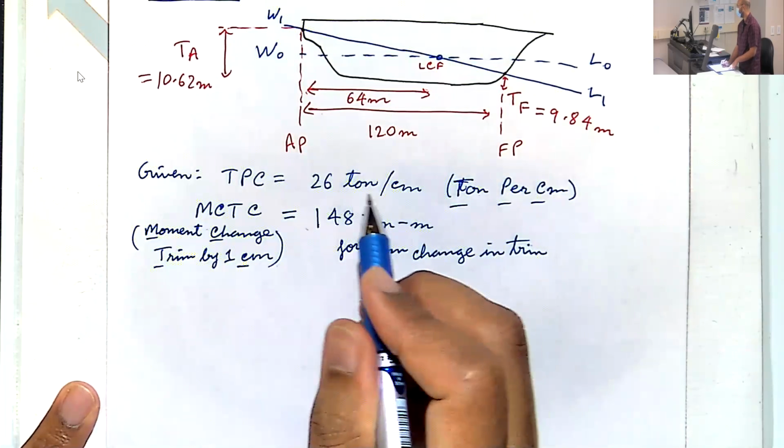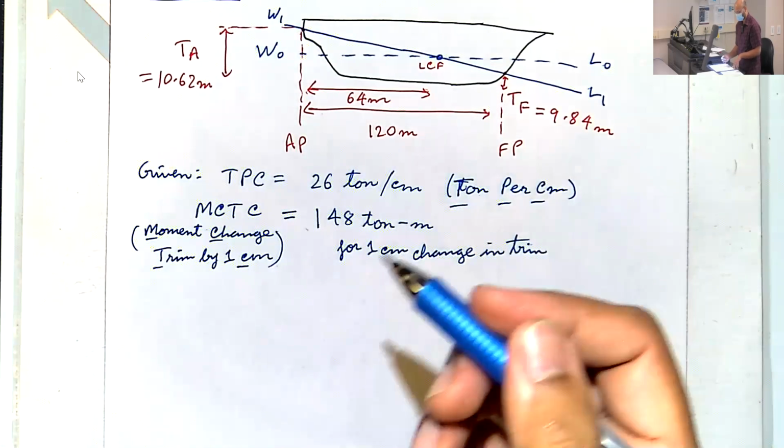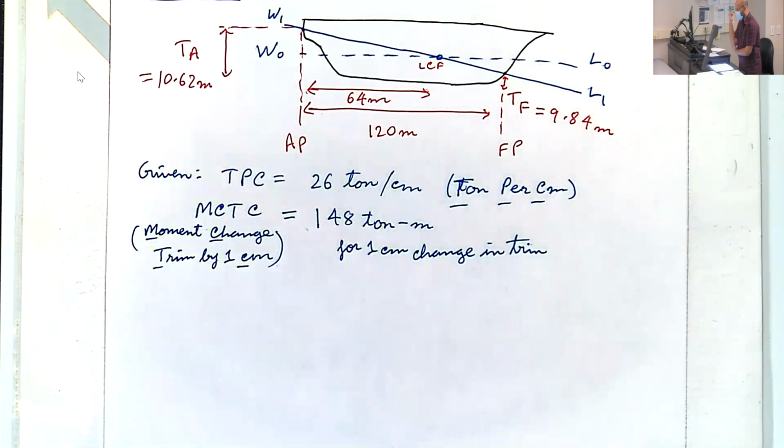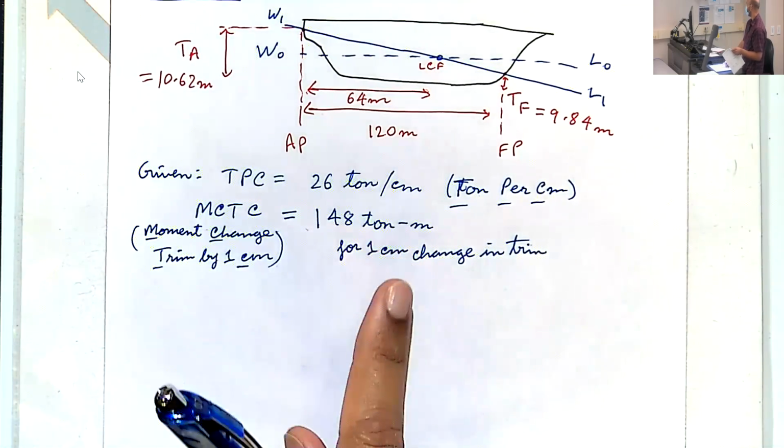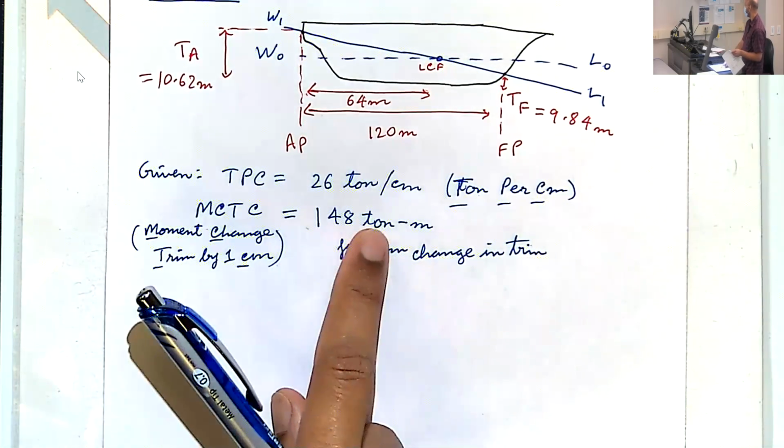Do not use this ton meter sort of unit anywhere else outside ship design. Okay, so for 1 centimeter, you require 148 ton meter. For 1 meter change, you'd require this times 100.